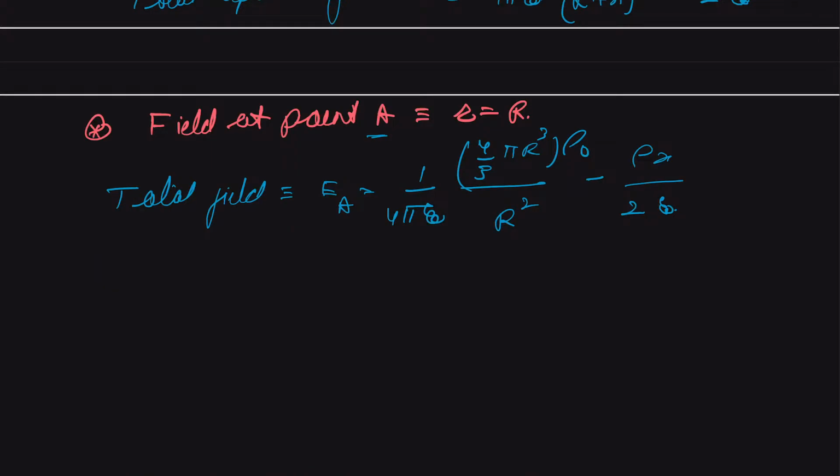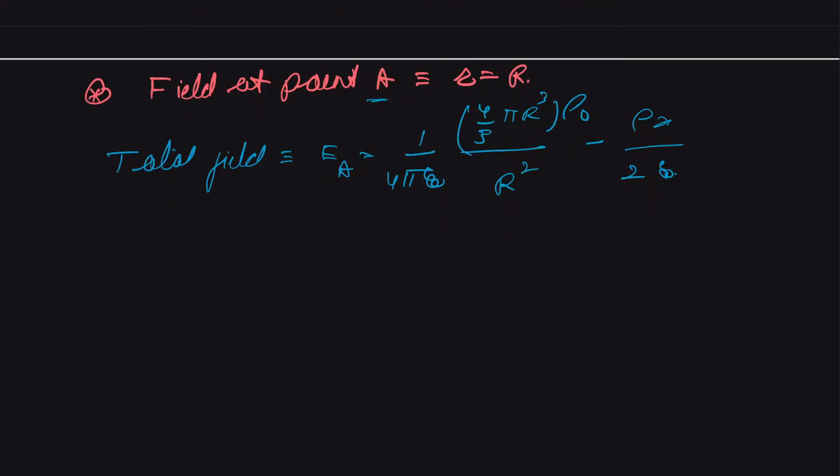Now it is asked in the question that our electric field at B will be greater than the electric field at A. Okay, so we have to find out that condition and match with the answer.